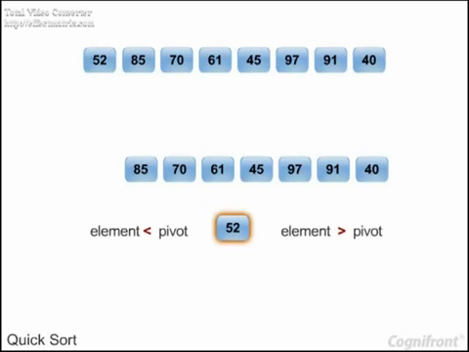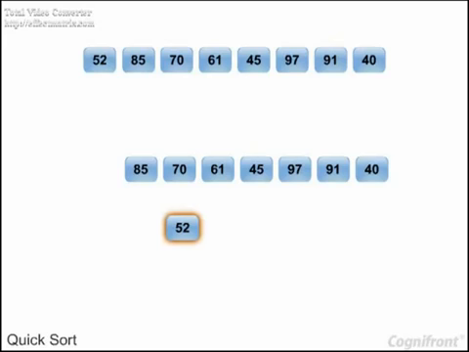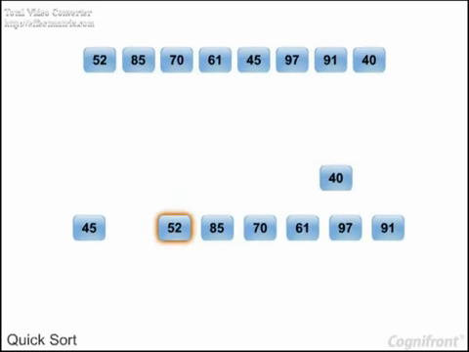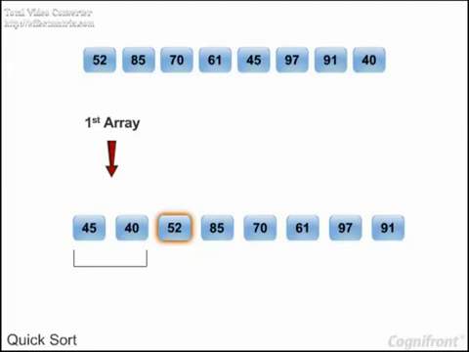Now, we divide the array into two sub-arrays using partition function. The first array contains the marks less than or equal to the pivot, while the second array consists of marks greater than the pivot.